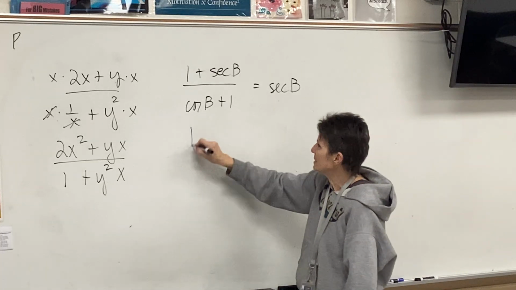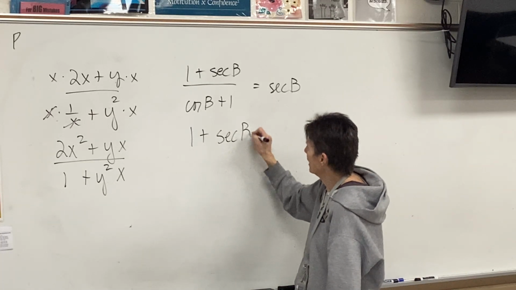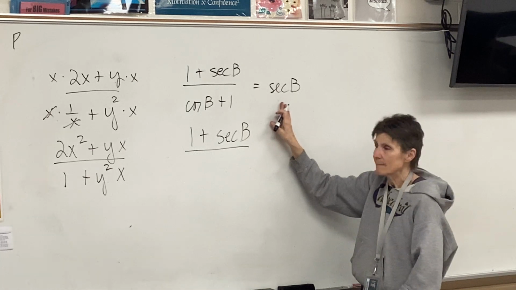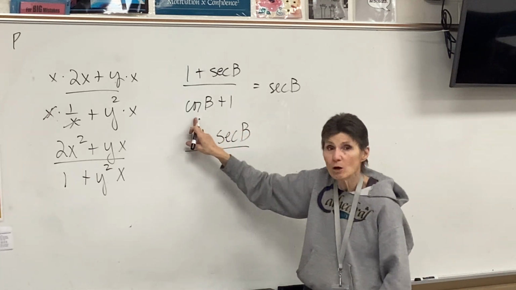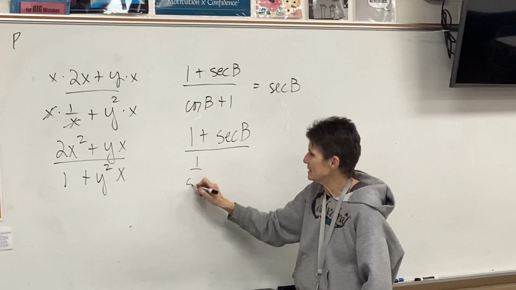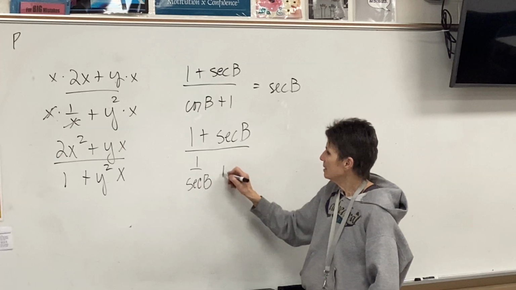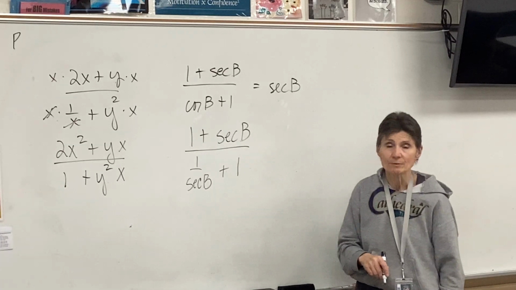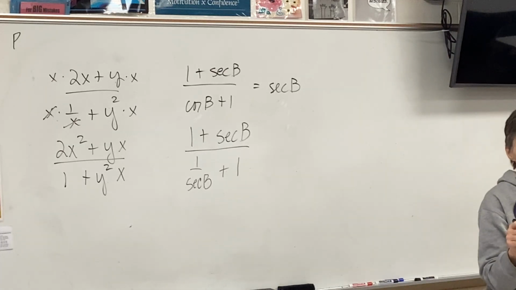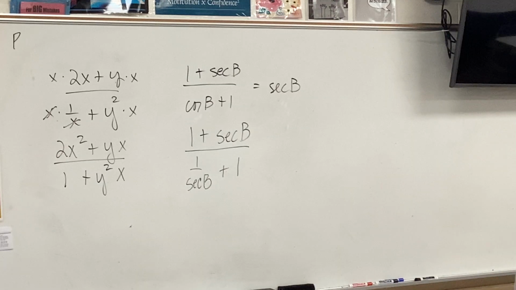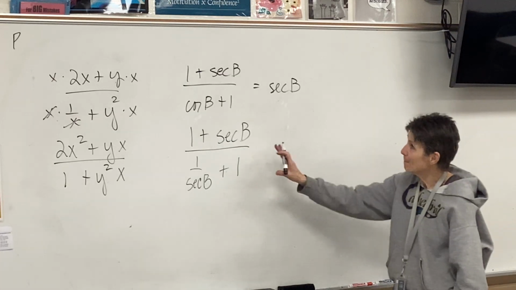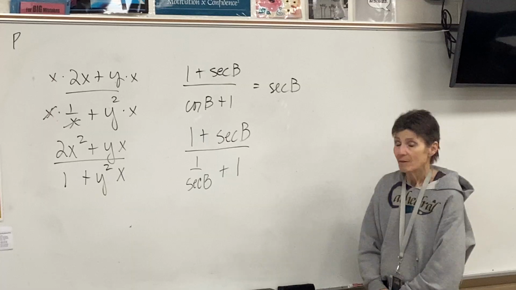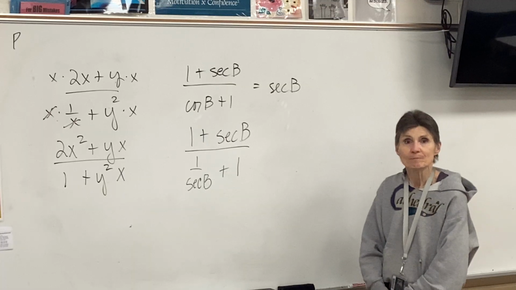How about doing this? Since I want to end up with a secant, what if I changed my cosine into 1 over secant? That's what it is. If that isn't written on your paper, go ahead and write it down. We know that 1 over cosine is secant, so 1 over secant is cosine. They are reciprocals. Now look at that mess right there. That is a complex fraction.